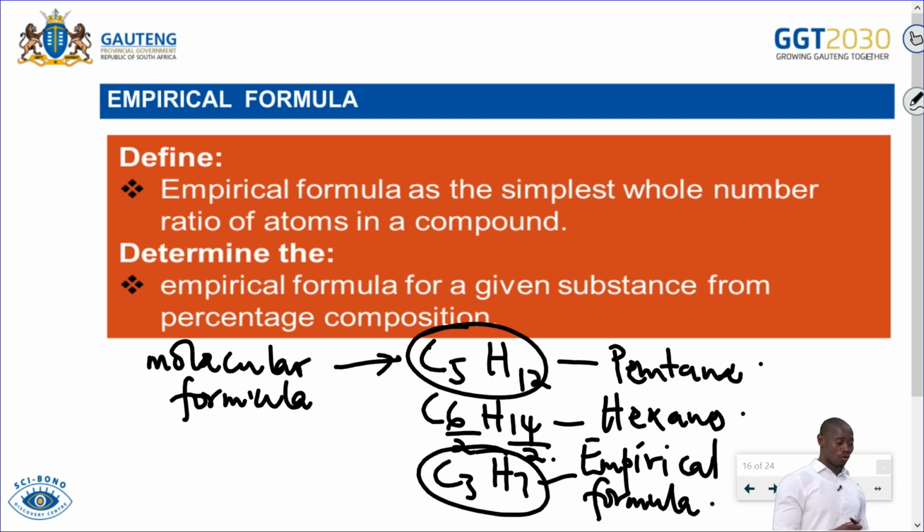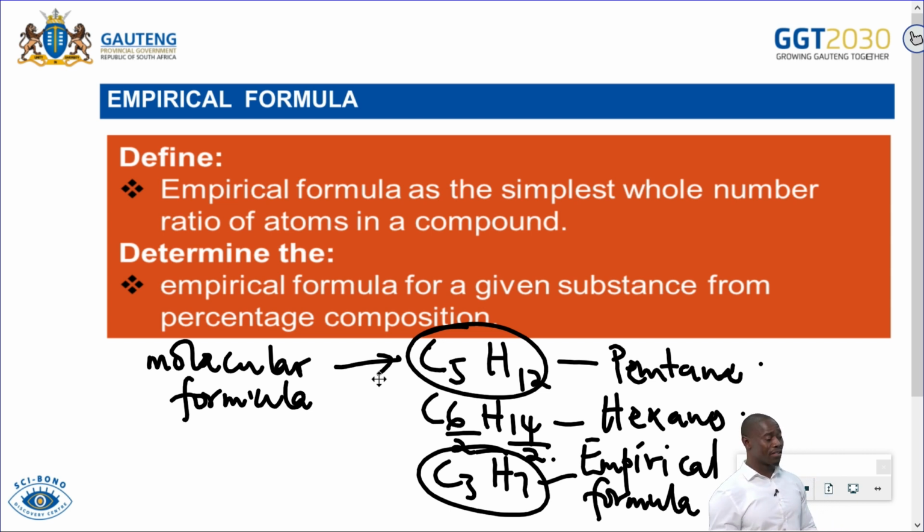All right. So that is the difference between the molecular formula and the empirical formula. The empirical formula shows the simplest whole number ratio of atoms present in a compound. But what about the molecular formula? It shows the actual number of atoms present in a compound.